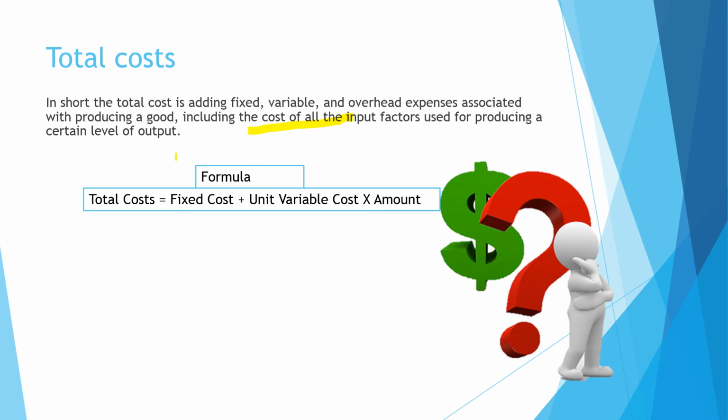You need to take everything into account, every factor that is involved in making a product. The formula for total cost is fixed cost, so that's your rent, insurance, utilities, everything, plus unit variable cost, so that's how much it's going to cost to create 1 unit, times the amount that's been sold.